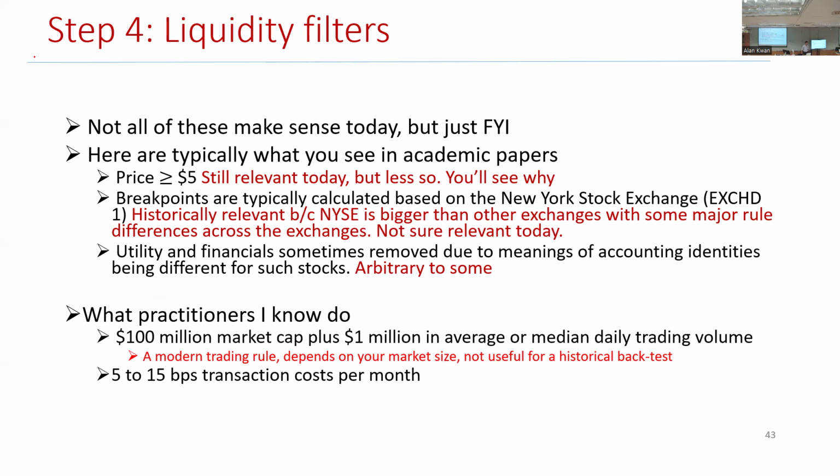More recently, I've seen some hedge funds put out white papers where their minimum price rule is they only consider stocks with at least $3. So it's a little bit better today, but this actually does bind. It depends on whether you're in a market with a minimum tick. In a lot of older papers, they consider only the New York Stock Exchange.